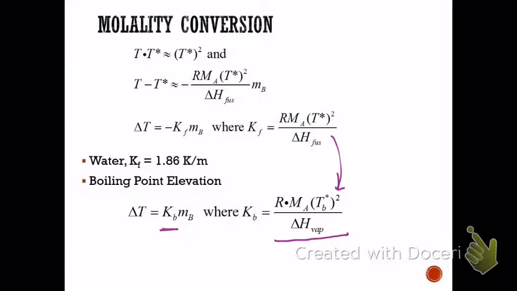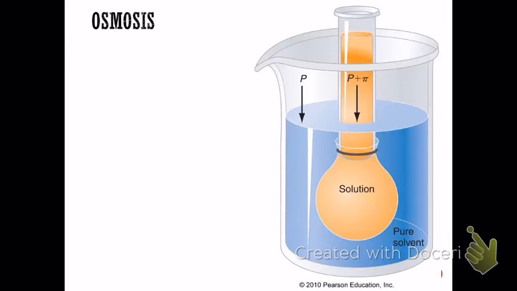In this case, we substitute the boiling point temperature for the melting point temperature, and we use enthalpy of vaporization instead of enthalpy of fusion. But really the derivation is almost identical for the boiling point elevation.